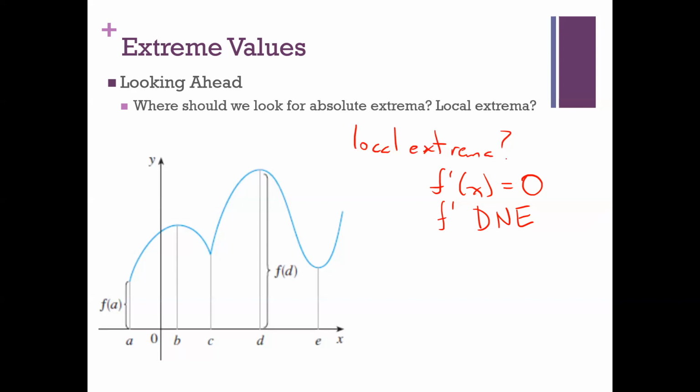So real quick, how do we know that the derivative is not going to exist? I'll give you a couple ways to think about this. One, since we're looking at a graph, we've talked a lot about derivatives being the slope of a tangent line to a graph, right? If I were to draw a tangent line at f of d, I really only have one choice. It's going to be horizontal. Is there a way for me to draw a line that only touches the point f of c once?